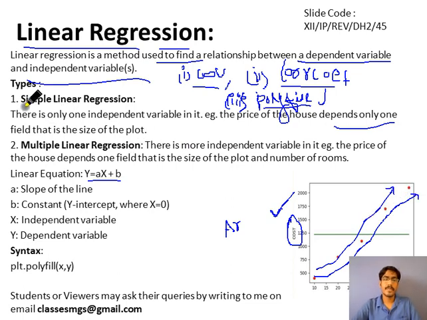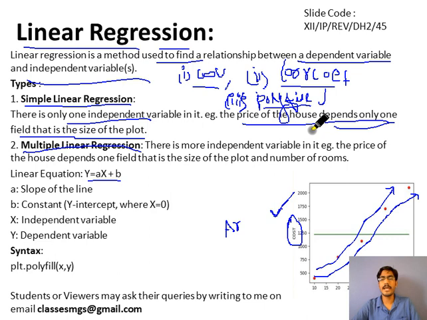Okay, so there are two types of linear regression, simple and multiple. Simple means there is only one independent variable, like the price of the house depends only on one field, that is the size of the plot. If you want to buy a house, then how is the price of this plot calculated?